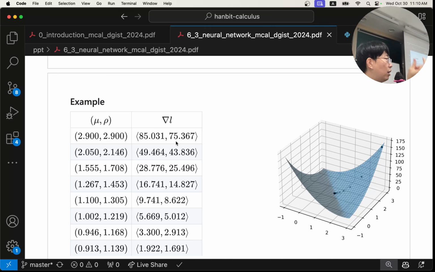So the number is rather big. It means that if you just use this vector to move your point, the meaning of 2.9 will disappear because the value is too big.